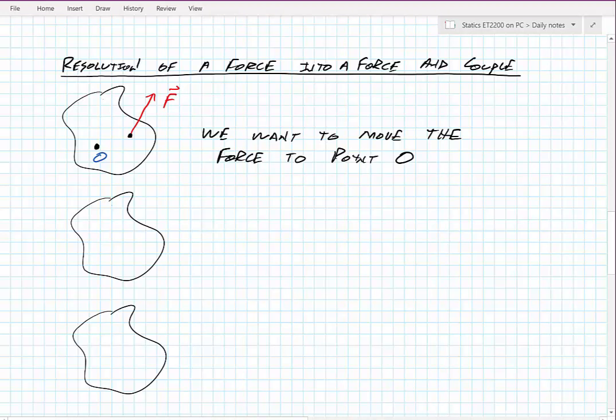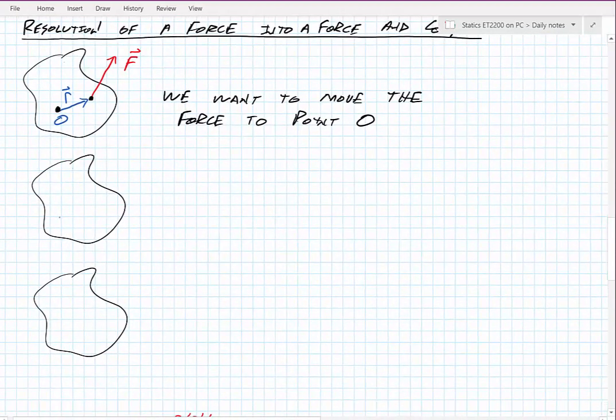The reason we want to do that is there's actually a lot of scenarios where you can solve a problem or find the overall result of, I have an example coming up, like a twisting of an I-beam or something like that, or the net effect of the force. But regardless, what I have is a radial arm that goes from the point O out to this force. The first step would be to move this force exactly how I want to do it.